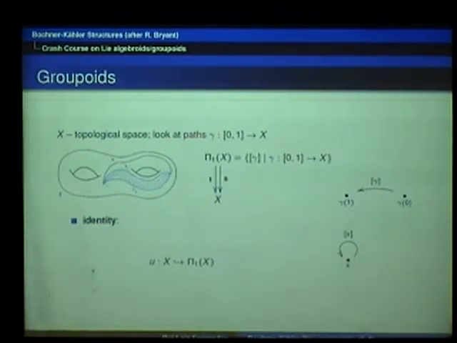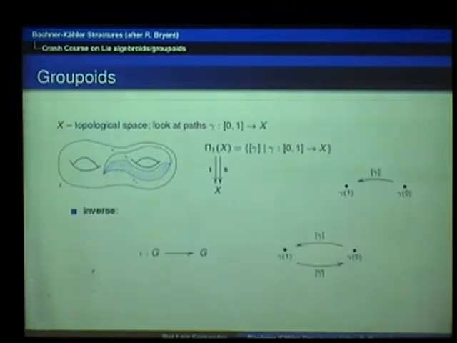And it is an identity in the sense that under the previous multiplication, if I compose with an identity, I don't do anything, right? There is also an inverse, which is just, I take a path and take the opposite path by running the parameterization in the opposite way. And clearly, if I compose two such things, what I get is the identities either at the source or at the target. Okay?